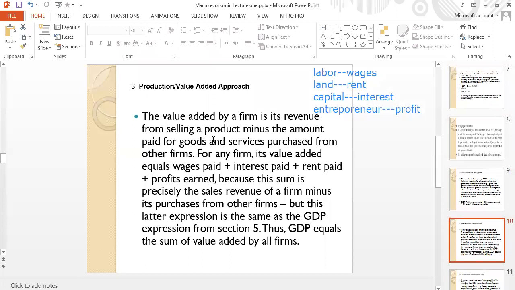We then take the production value added approach. This is the value added by a firm: its revenue from selling a product minus the amount paid for goods and services purchased from other firms. By this method, we compute the value added as wages paid plus interest paid plus rent paid plus profits earned, which is the sales or revenue of a firm minus its purchases from other firms.